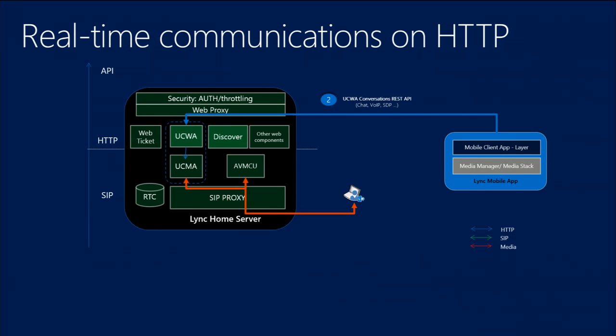So any of the communication we have, any chat, say VoIP, more or less just the signaling perspective, where we're actually communicating to that web API. That web API is talking to UCMA, which is what's talking to any of our other front-end applications that are talking to those other full-blown Lync clients.